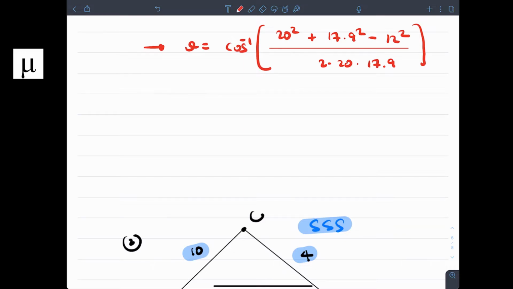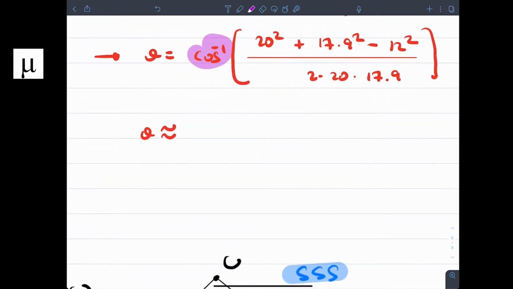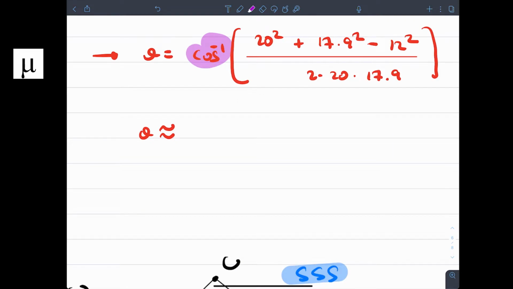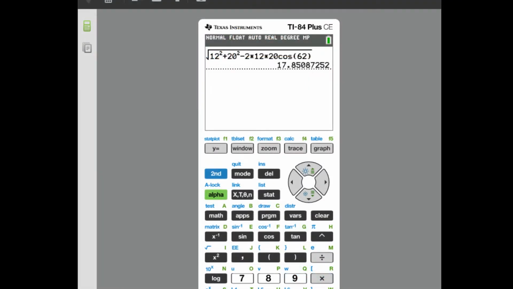So what's our angle theta going to be? It's inverse cosine. So here you go. Second, inverse cosine, parentheses, we have what?